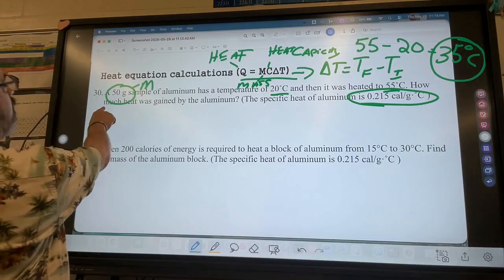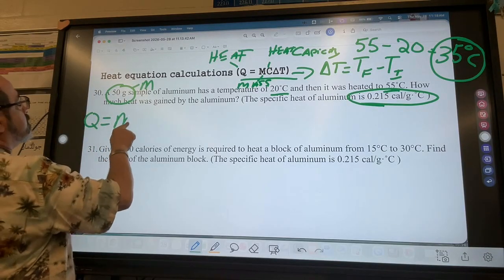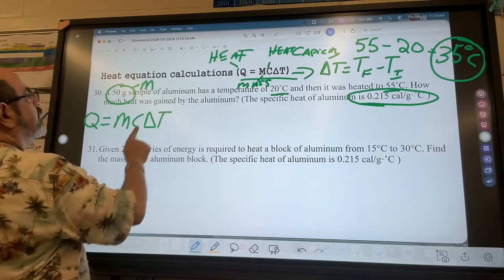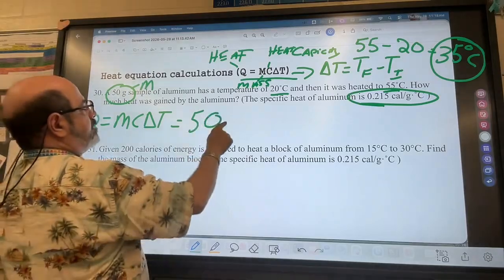So we're looking for how much heat. So we're just looking for the plain equation. Q is mc delta T. M is right there, it's 50 grams.